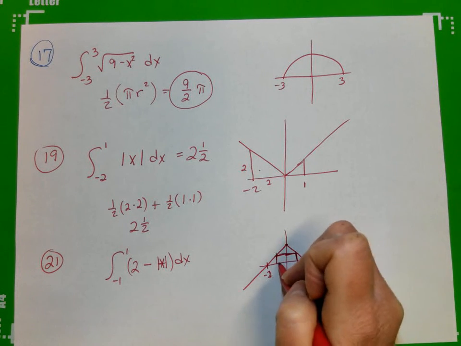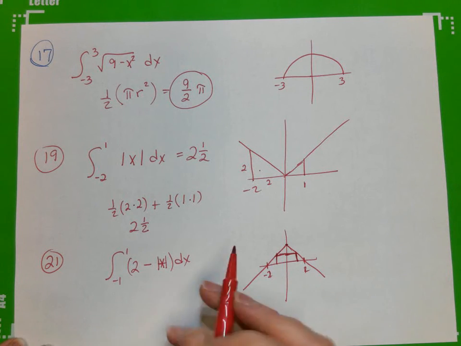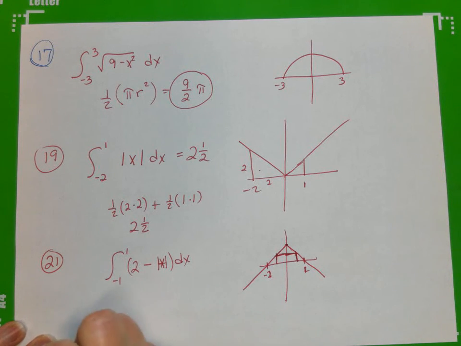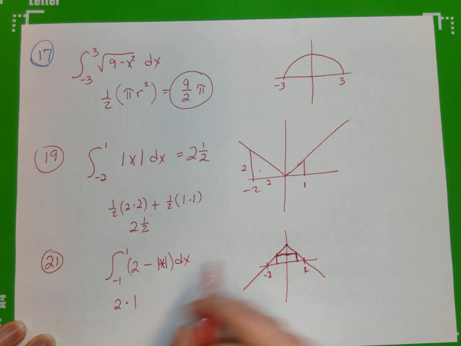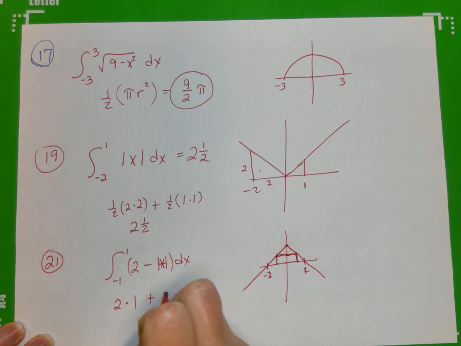It looks like a rectangle on the bottom with a triangle on the top. Well, let's talk about that. The rectangle has a length of 2 and a height of 1. Plus the triangle has a base of 2 and a height of 1, and we have to multiply that by 1/2. 2 times 1 is 2, half of that is 1.